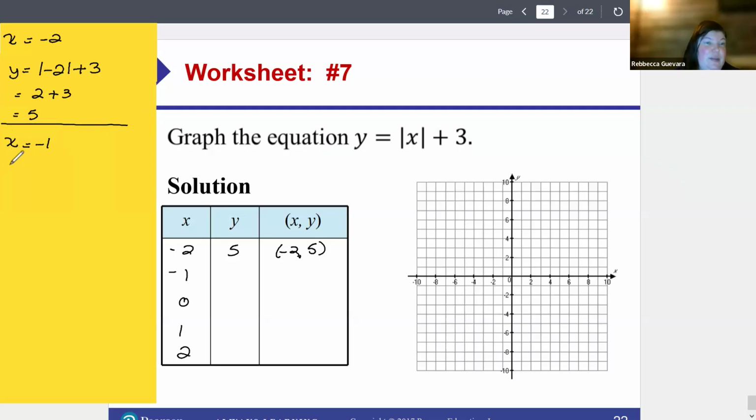If x is negative 1, then y is equal to the absolute value of negative 1 plus 3, which is just 1 plus 3, which is 4.